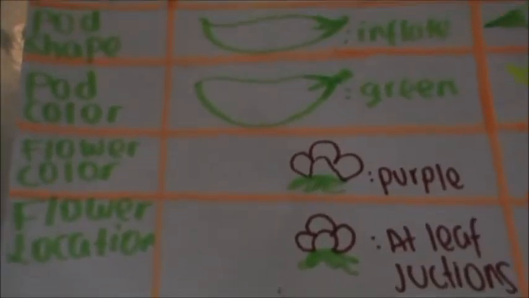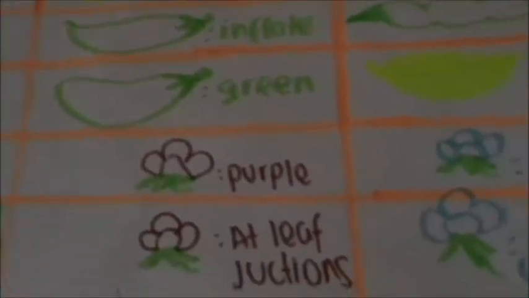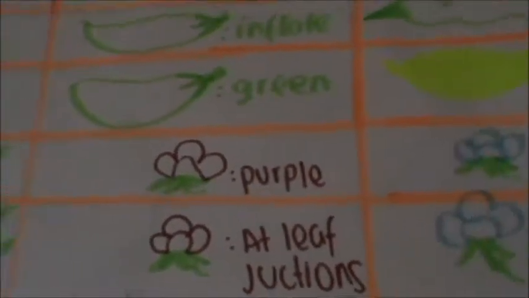You can see the seed shape, the seed color, the pod shape, the pod color, the flower color, and the flower location. The dominant form in the seed shape is smooth, in the seed color is green, in the pod shape is inflated, in the pod color is green, in the flower color is purple, and the flower location is at leaf junctions.